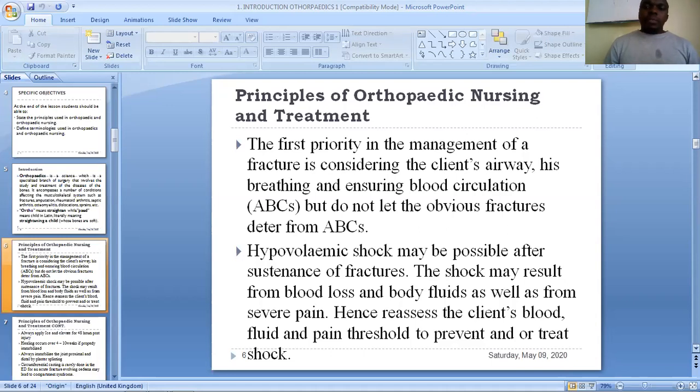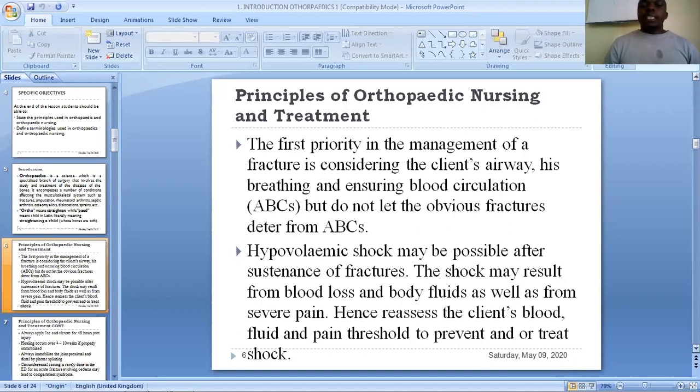Under the triage, you looked at the most important things you have to look at. You have to ensure the client you're attending to is actually breathing, or the airway is clear, and also there is circulation through the feeling of the pulse. Then hypovolemic shock may be possible after sustenance of the fractures.